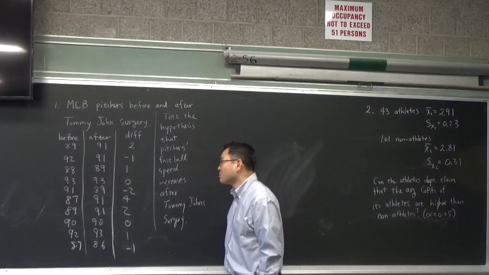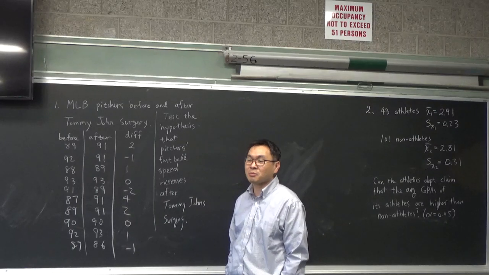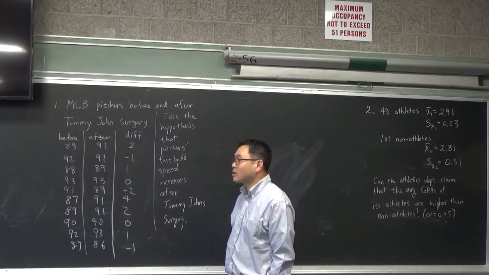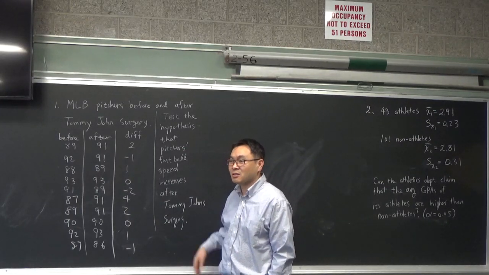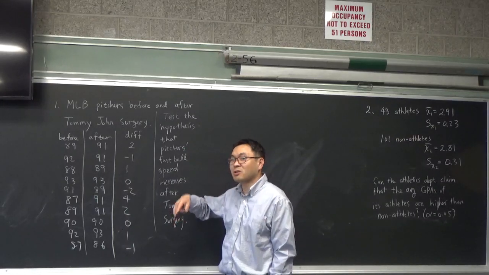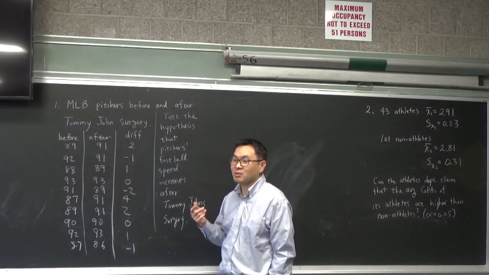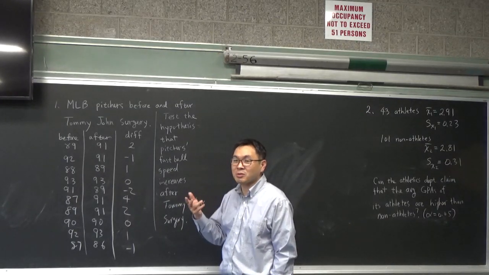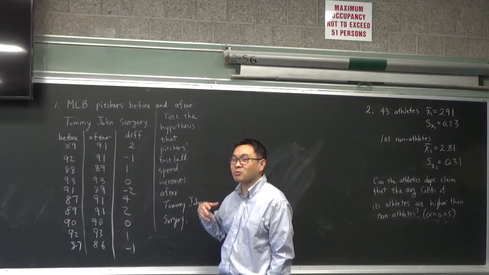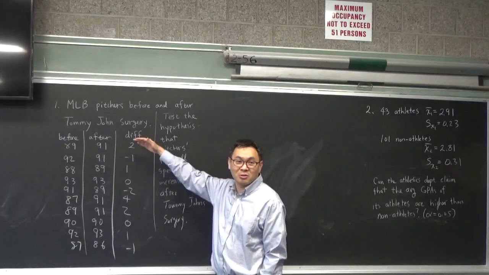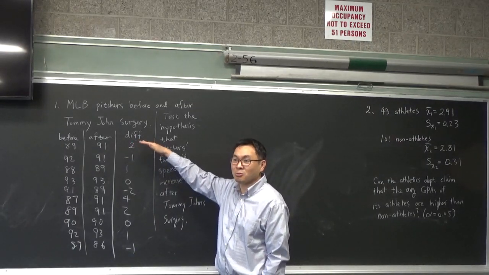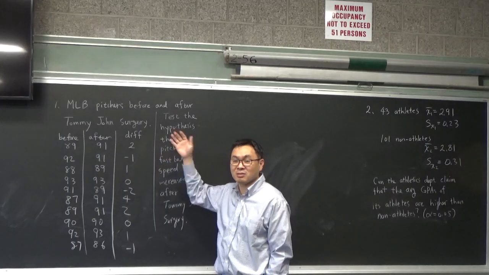I read an article on whether this is true, and it seems that just before the surgery, the pitchers are already very fatigued, so they are underperforming, and after this corrective surgery, they are pretty much back to normal. So that's why it looks like their speed is improved.